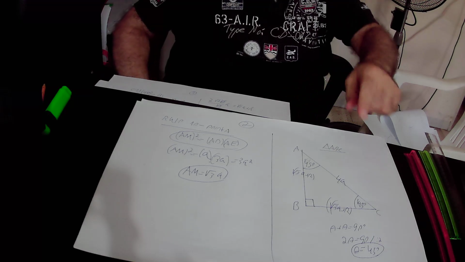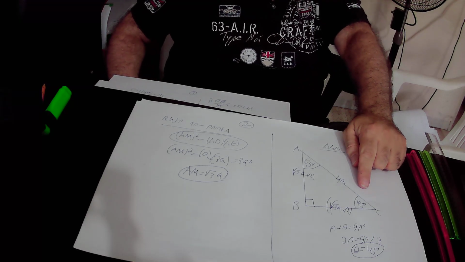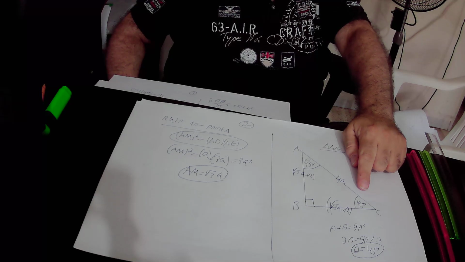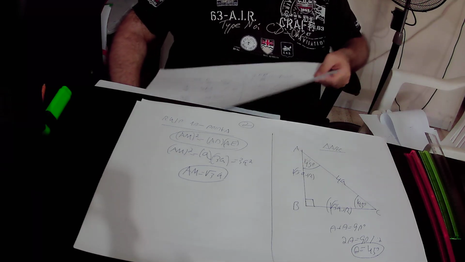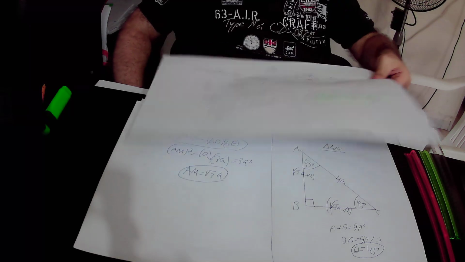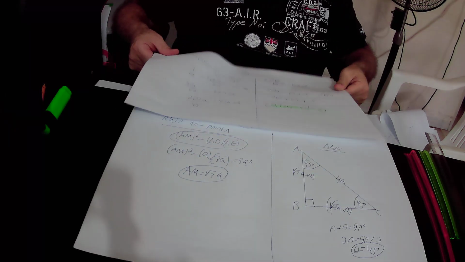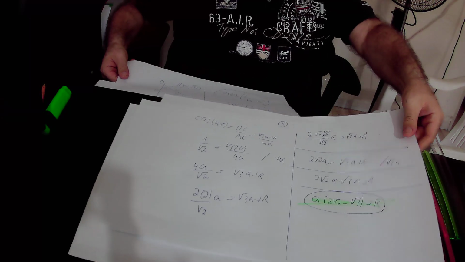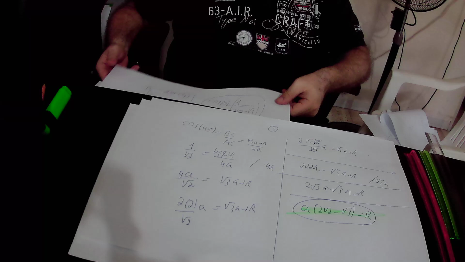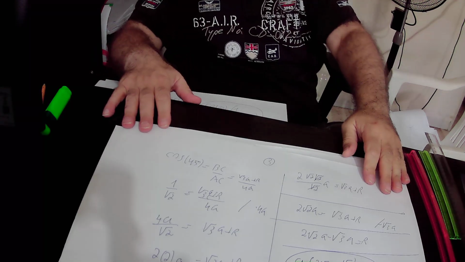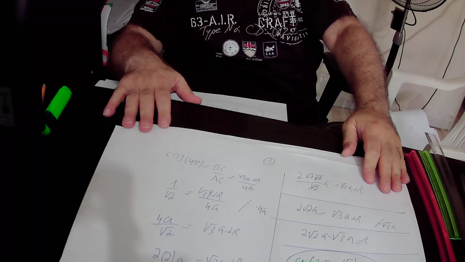Then in this right triangle, triangle ABC, it is easy to see that cosine 45 degrees equals BC over AC.